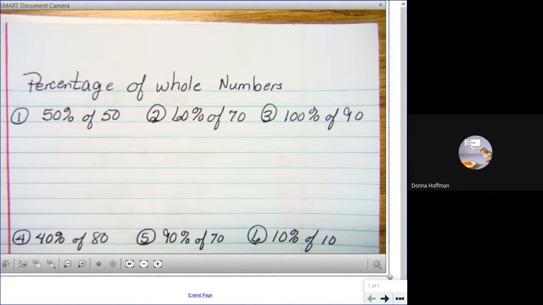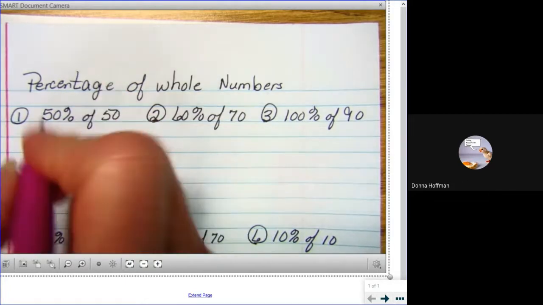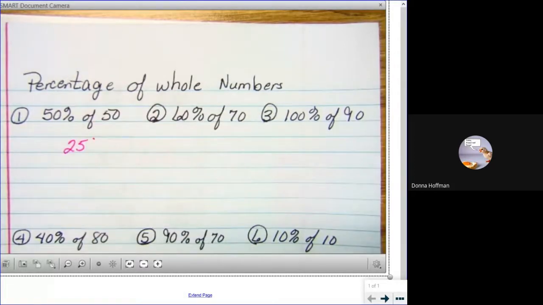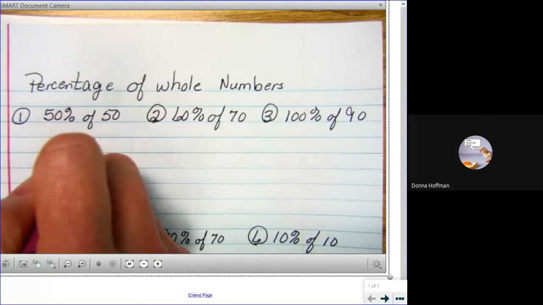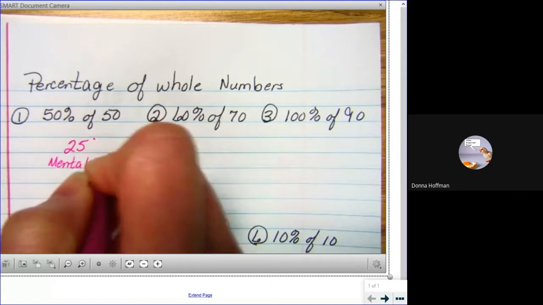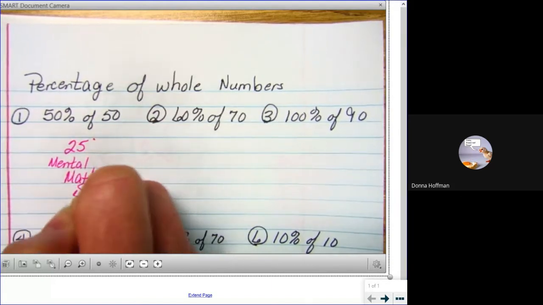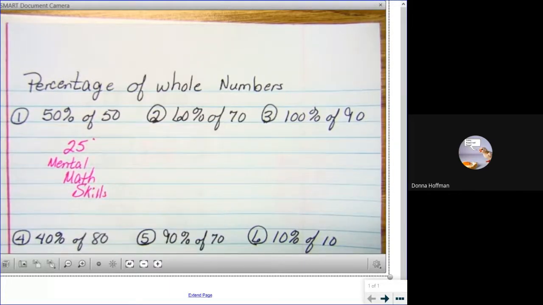Okay, so you can go ahead and put 25 there. And you solved it using mental math skills. There's nothing wrong with using mental math skills whenever the problem is so easy. Now, 60% of 70 we'll come back to.